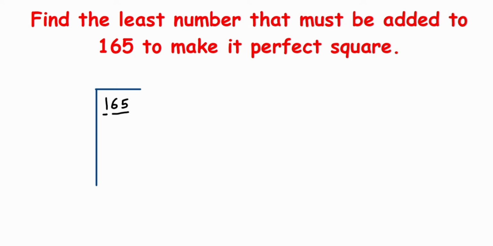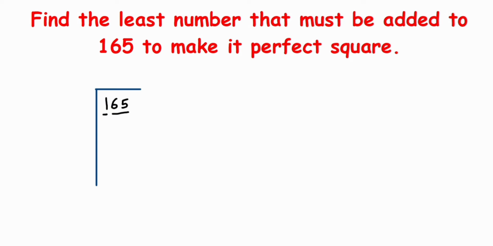Now after this, we have to find a divisor. How do we find that? The divisor's square has to be near to 1, or we have to find a perfect square which is equal to 1 or less than 1.